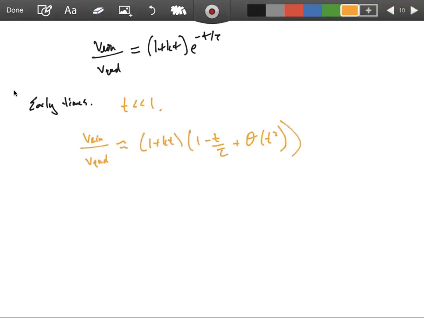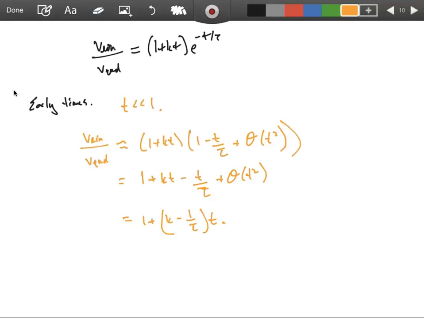So let's look at this. This is going to be the same thing as 1 plus k times t minus t divided by tau, and then plus higher order terms that go as t squared. This is the same thing as 1 plus k minus 1 over tau, all times t. So what does this mean?